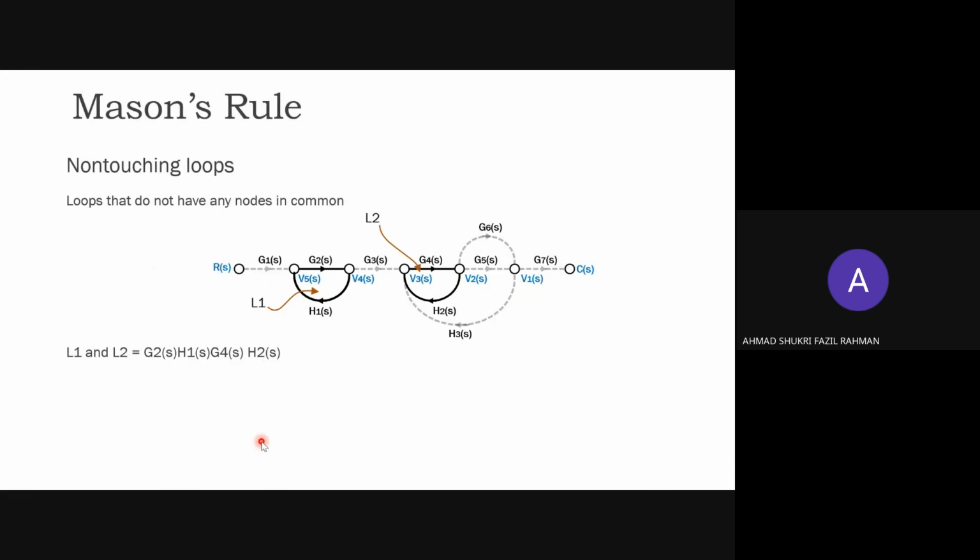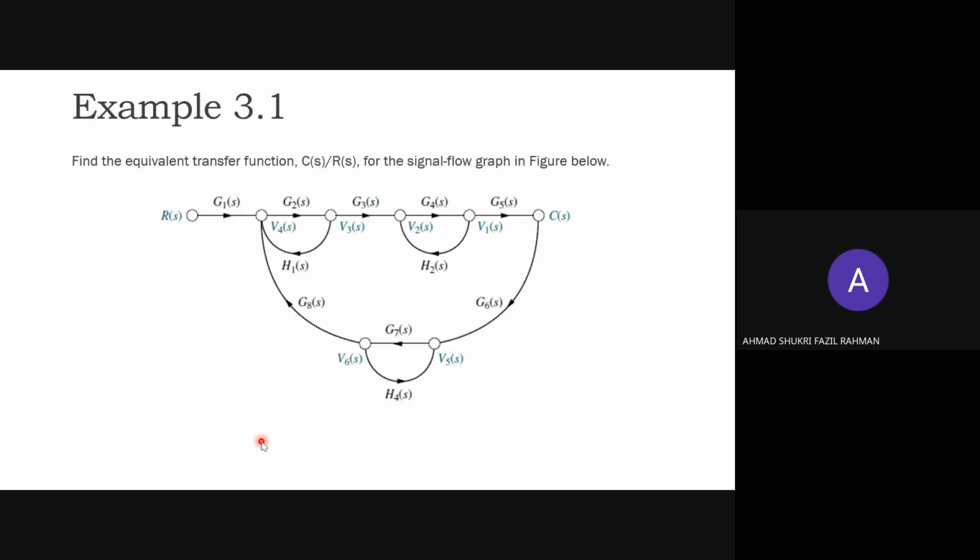So we go back to our example. From here, we can identify how many paths we have. Basically, for Mason rule or signal flow graph, you need to have very good observation in order to find the parameters related to Mason rule. So we start by finding the forward path. You can see here, this is the input, and this is the output.